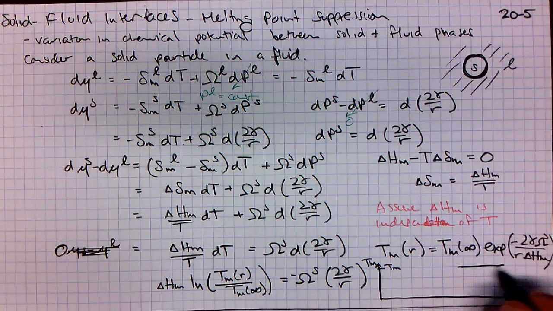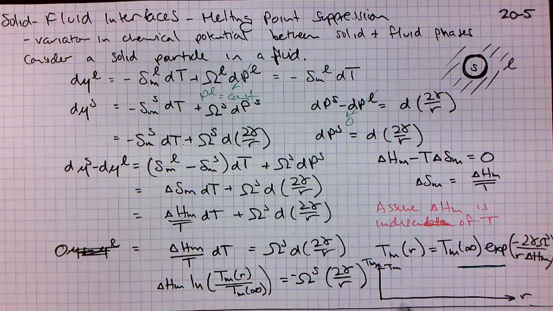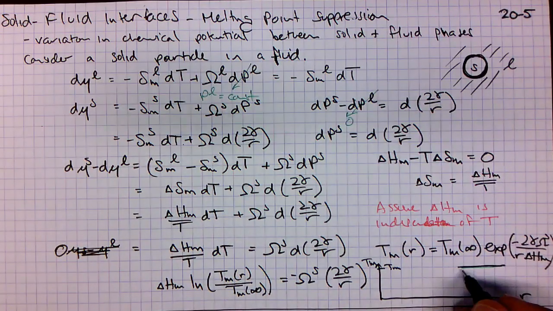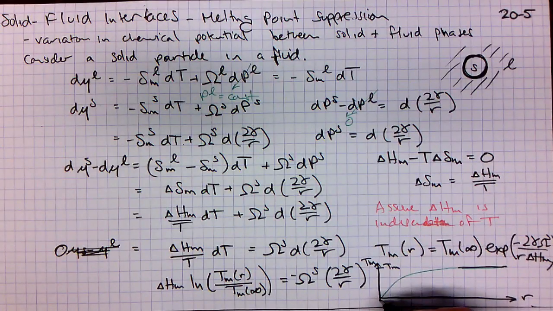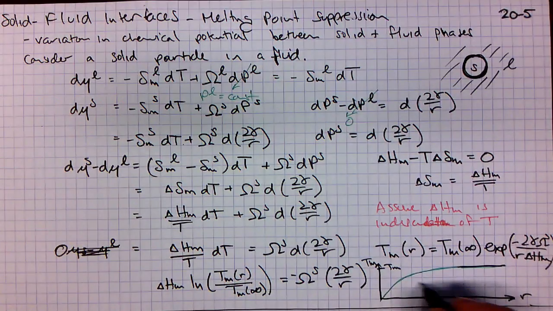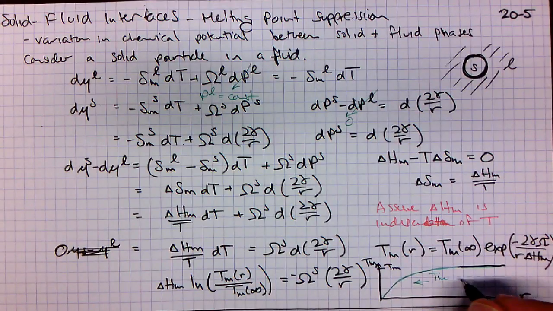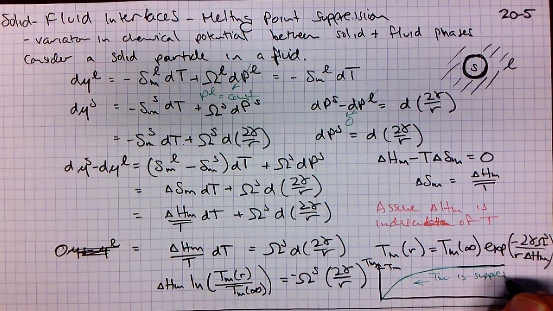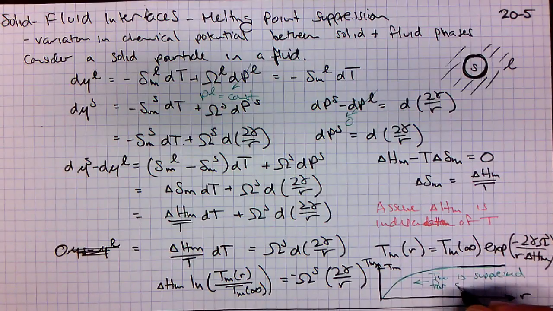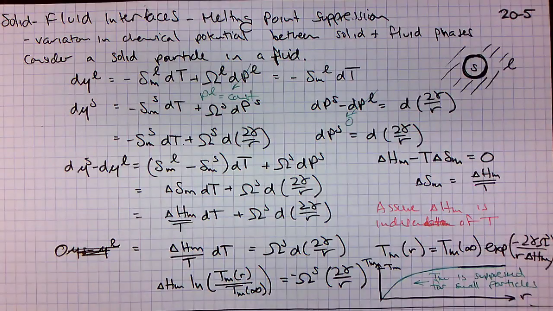At large radius the exponent goes to 0, e to the 0 is 1, but as r gets smaller and smaller, the melting temperature becomes suppressed. So T_m is suppressed for small particles. The small particles melt at lower temperature.